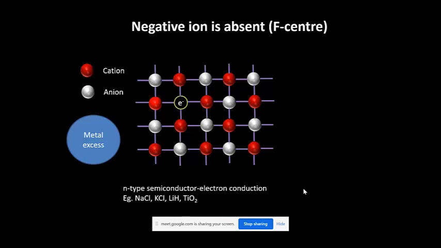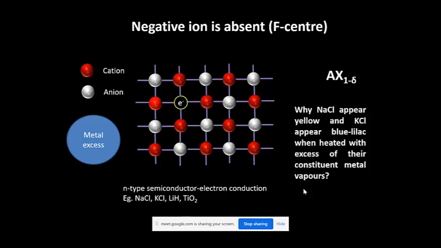When this is happening, the formula implied is AX1-δ. So there is a lesser amount of anions in this metal oxide, and the electrical neutrality is maintained because the vacant anion site is occupied by an electron.